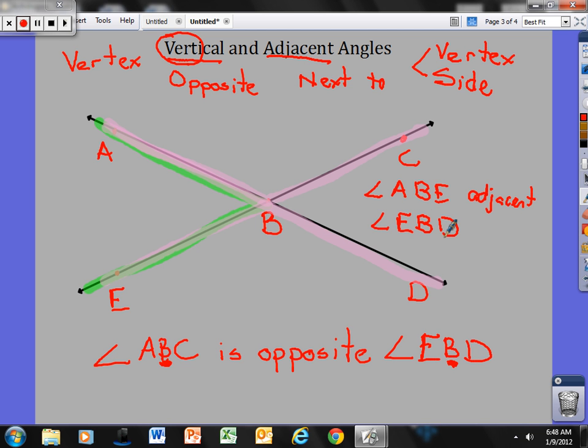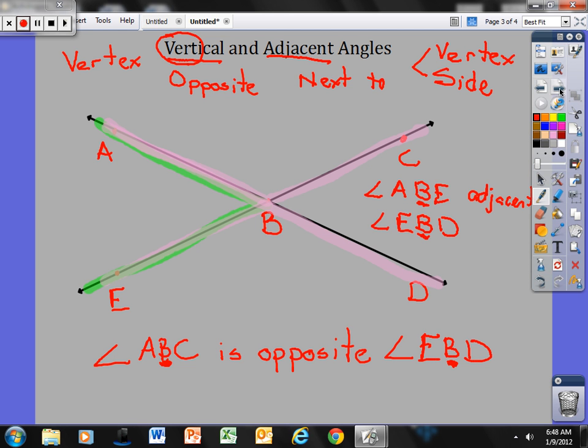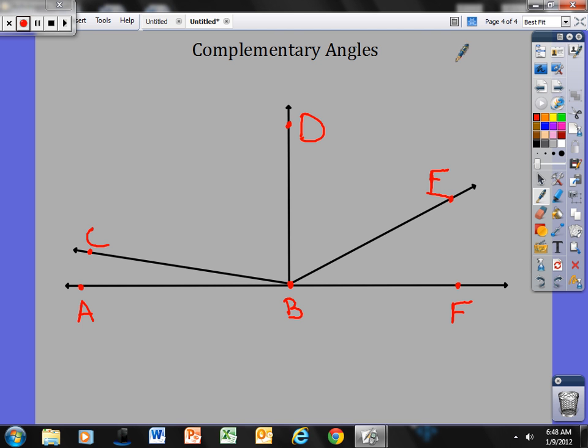Notice what we have in common here. We have the same vertex, and we also have 2 points that are the same. We have BE and EB. So you will see in adjacent angles that you will have 2 common points, which means the common side that they share.